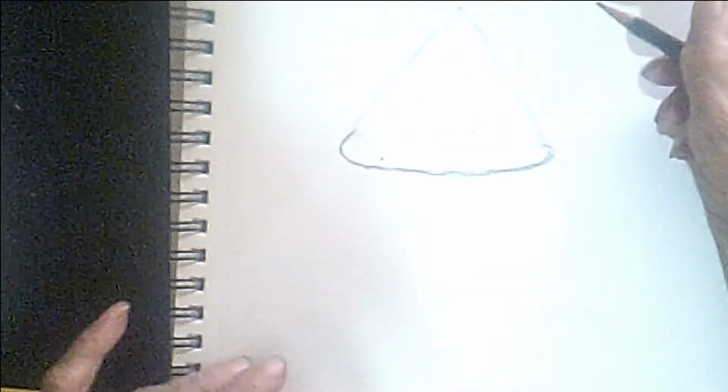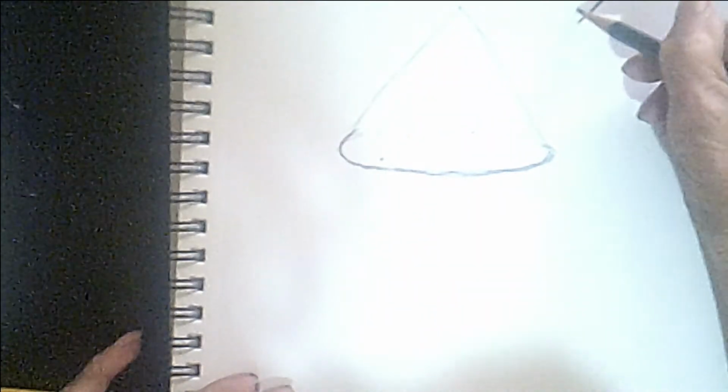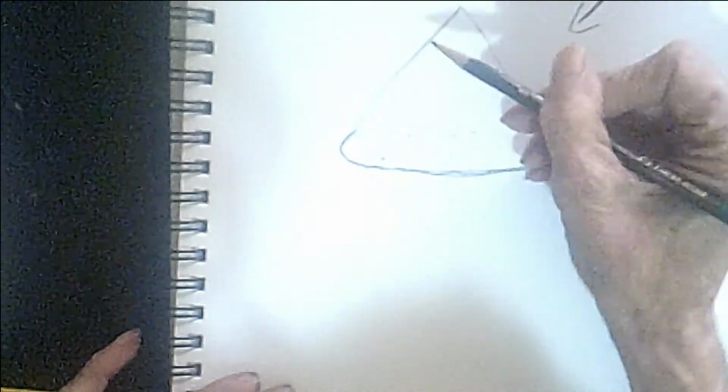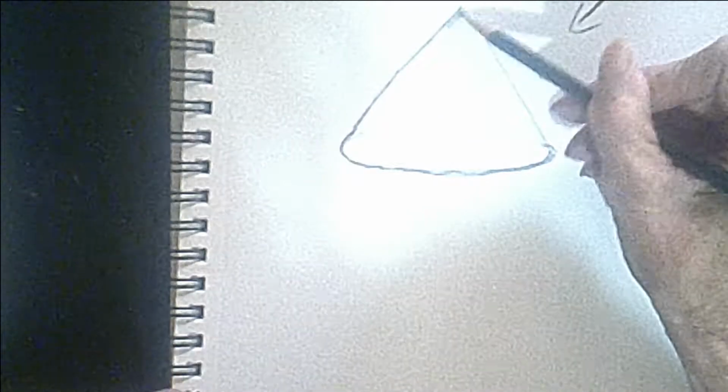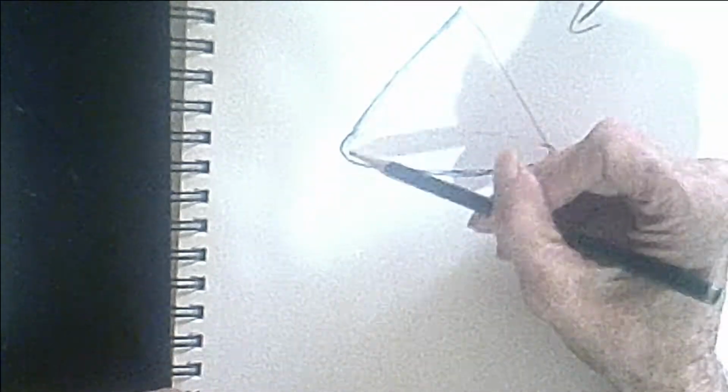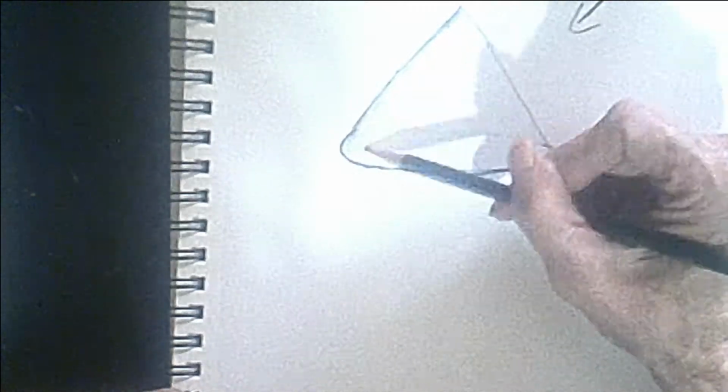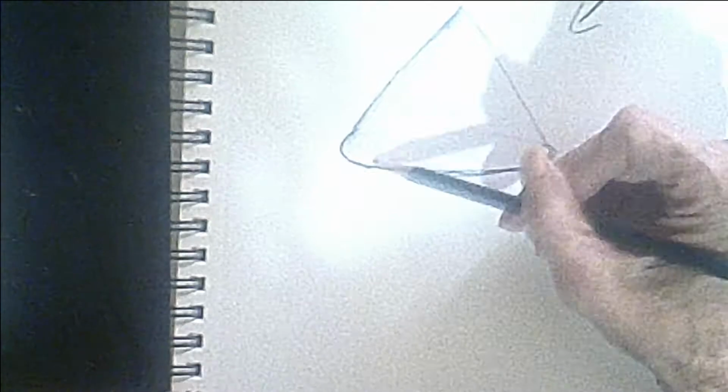Now, my light source again comes from up here. That's going to mean this side is going to be the darkest, so that's going to be our core shadow. We start going here, darker here, and as you go out, you get lighter, lighter, lighter, till it gets to the other side.